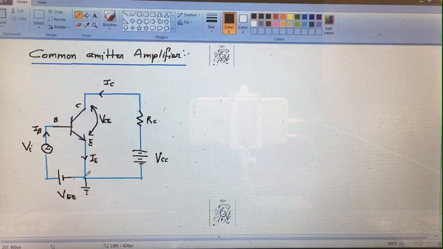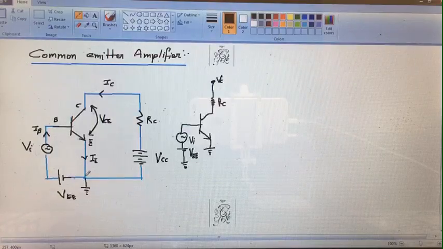Now this circuit can be drawn in another form also. Here I have simplified this circuit in another way, and we will measure our output at the collector with respect to the ground.